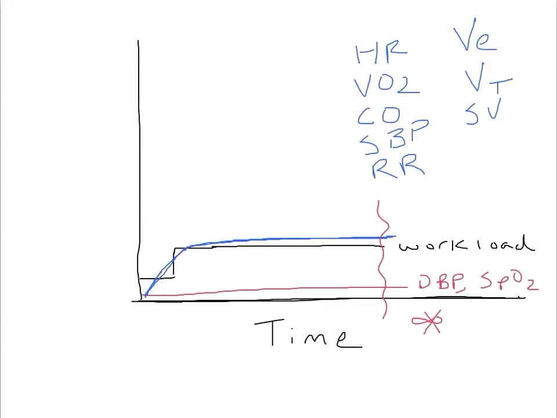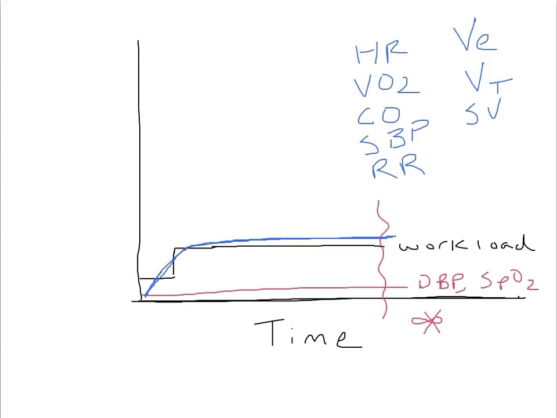If we continue to go beyond that, then further hydration, further nutrients, and environmental conditions become important. But that's not the aim of this discussion. This discussion is primarily talking about these steady state responses of typical cardiopulmonary variables during constant workload.